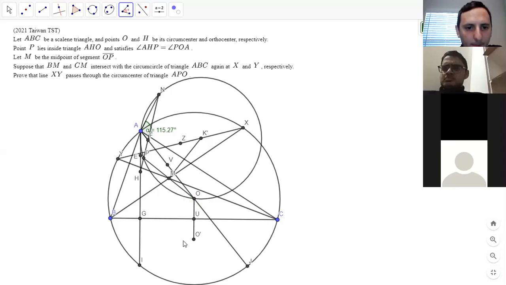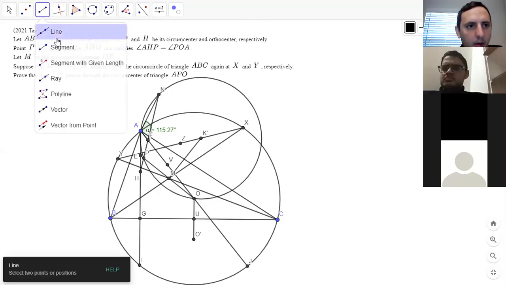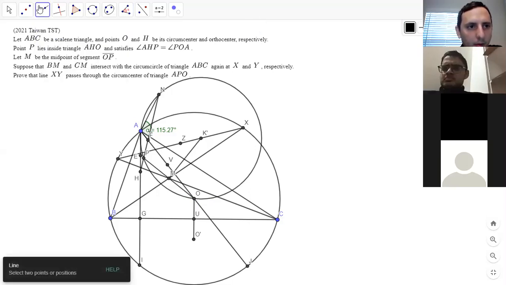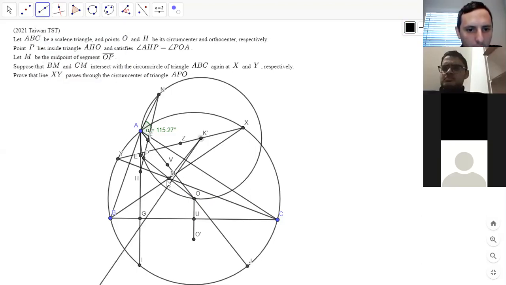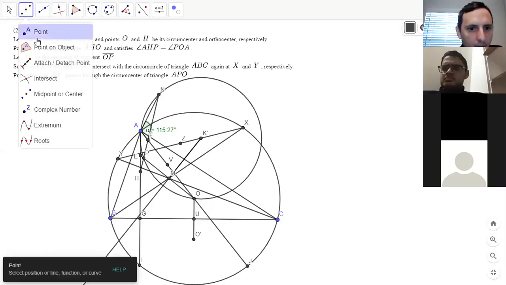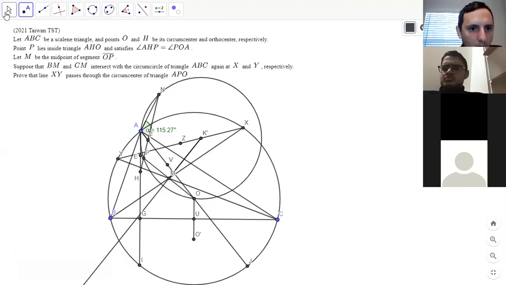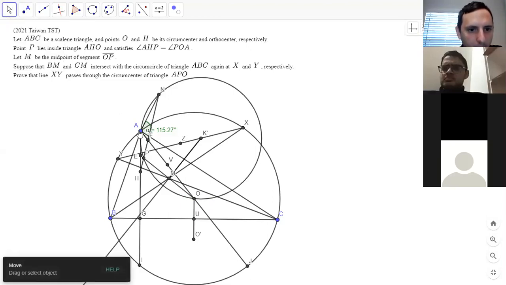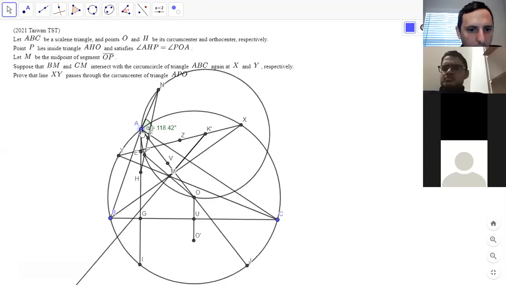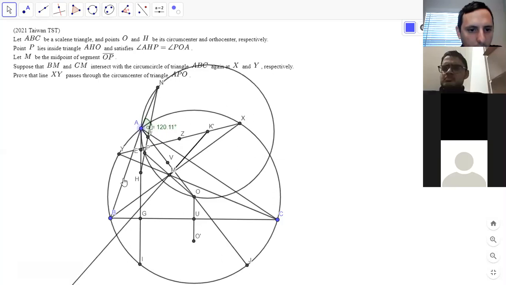Can you intersect MK with BC? Yeah. Let me move things over a little bit. Maybe like that.